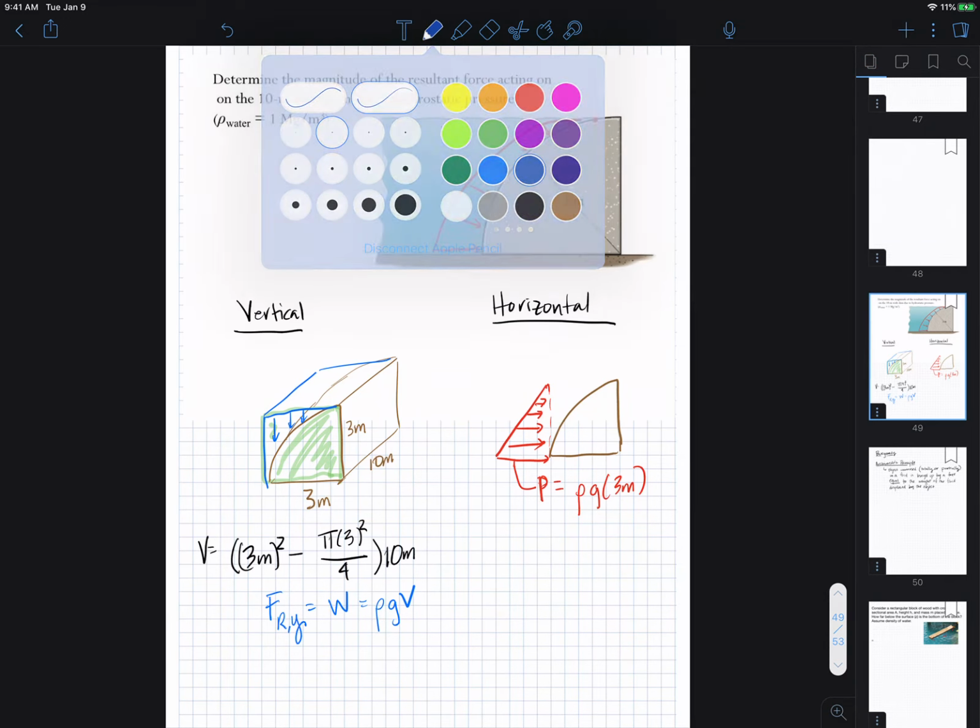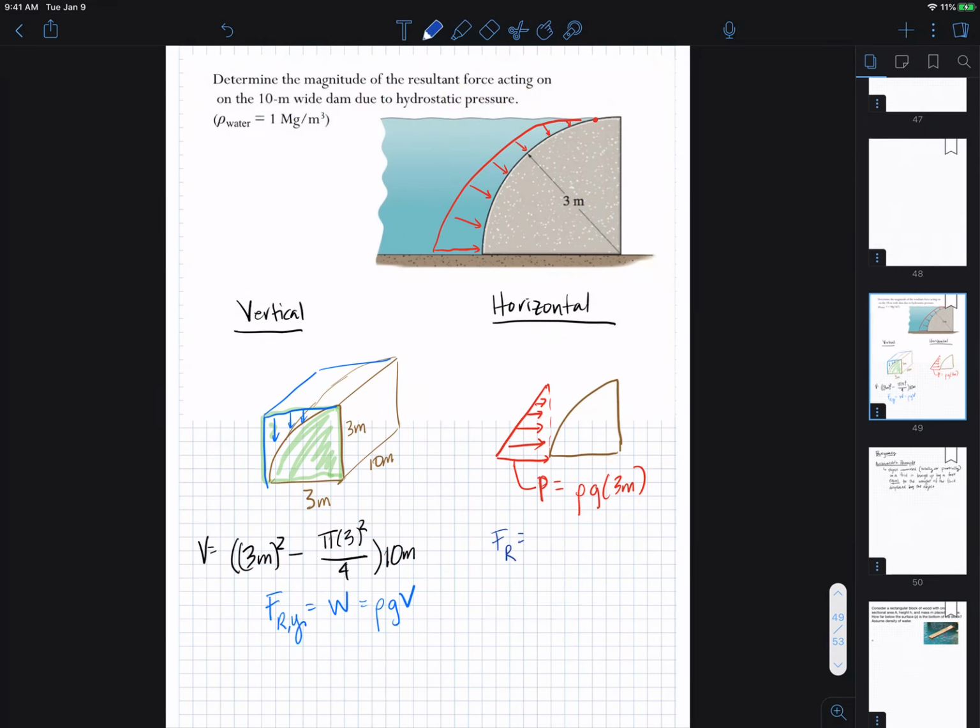Now we can write the resultant force as 1/2 base P times the height, 3 meters, times the width into the board, 10 meters. We've just defined P, so the resultant force in the x direction is equal to 1/2 rho g, 3 meters squared, times 10 meters.